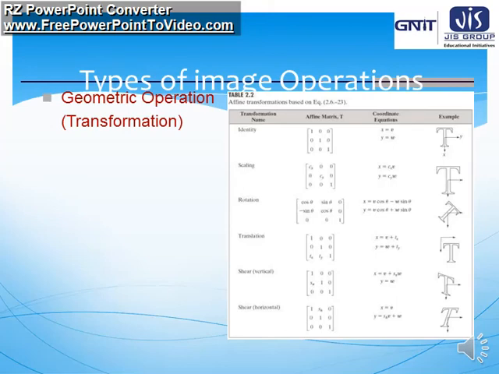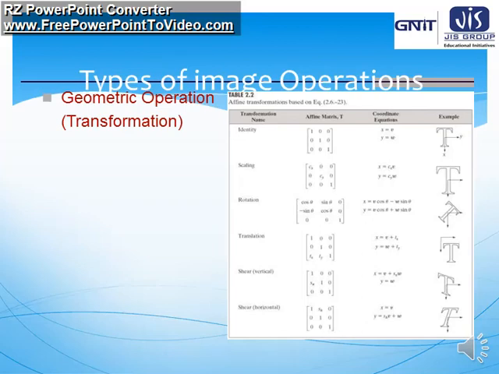Now these are the geometrical or geometric operations, also known as transformations. Different types of transformations can be done. One is known as identity, next is scaling, then rotation, then translation, then shear horizontal, then shear vertical.